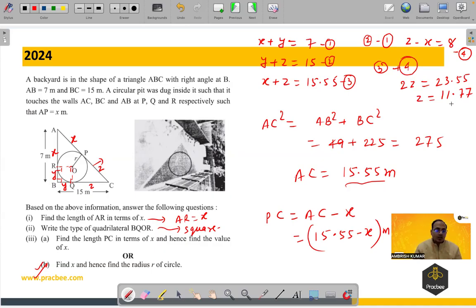So this much of meter is the value of z. So if this is the value of z, therefore the value of x is going to be this minus 8, that is 3.77. And the value of y, x plus y is 7.